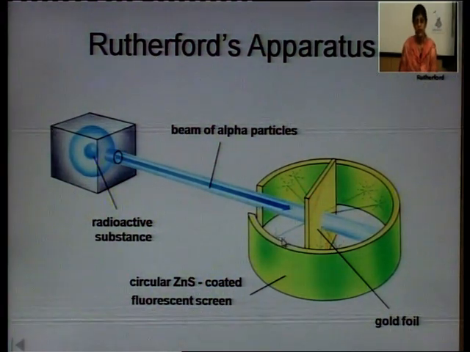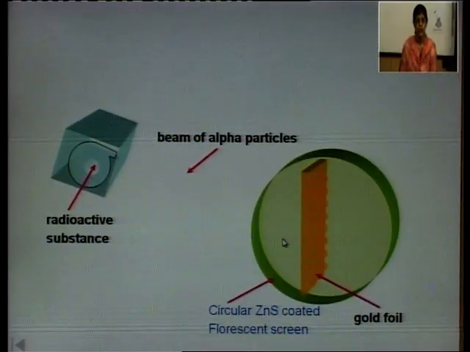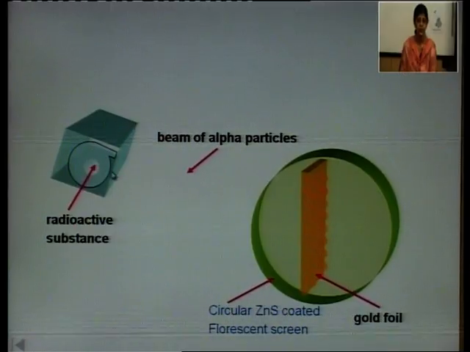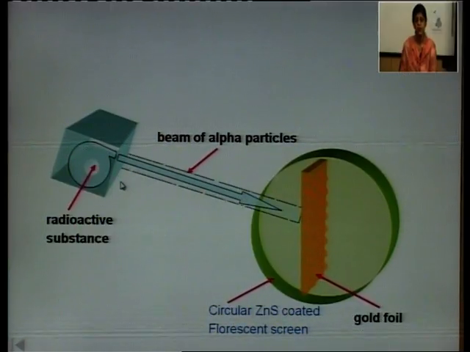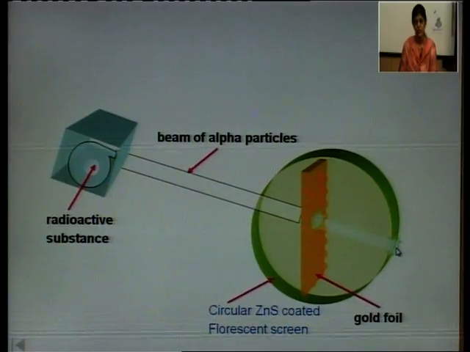Another representation is there, I will tell you. See, this is the radioactive substance. This is the beam of alpha particles coming. It is striking the gold foil. Maximum particles are coming straight out of the gold foil.